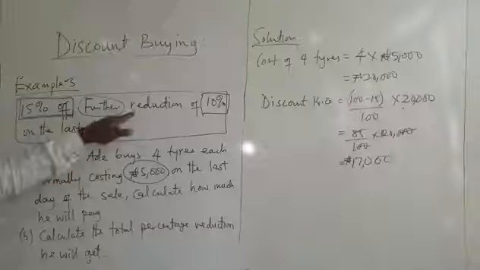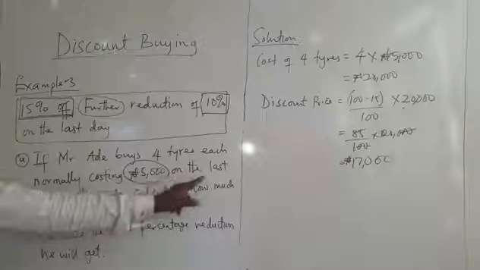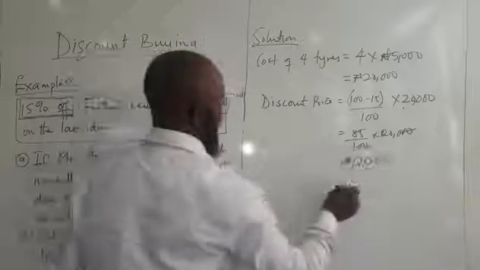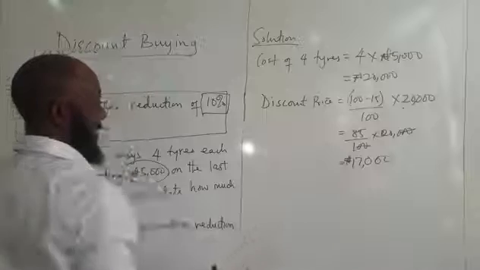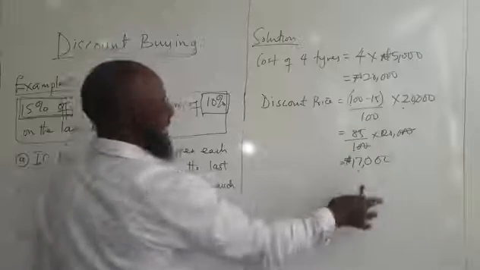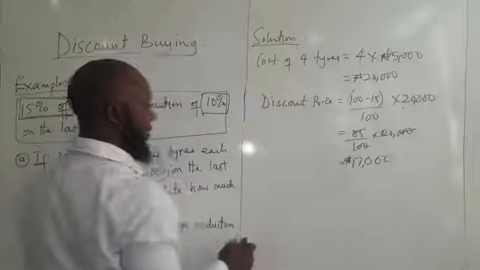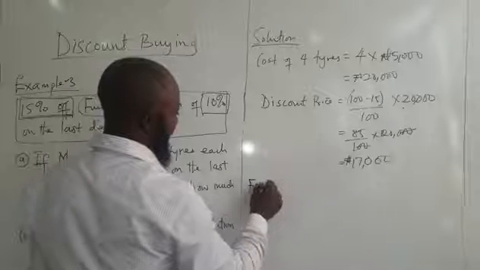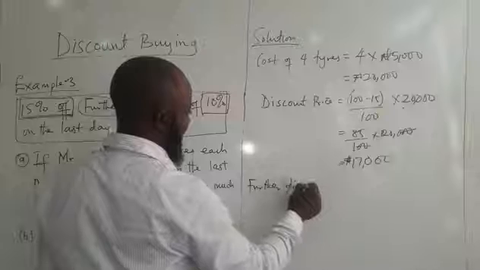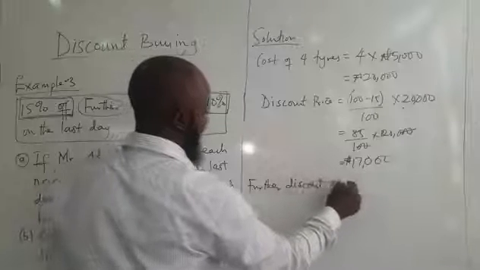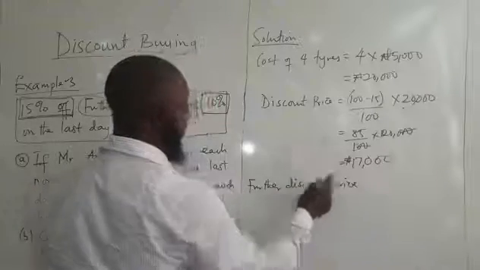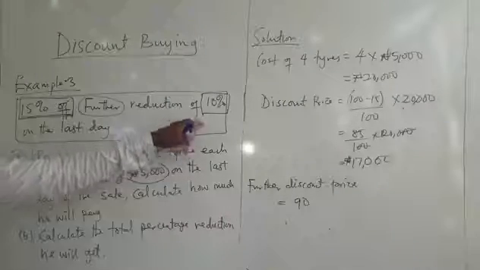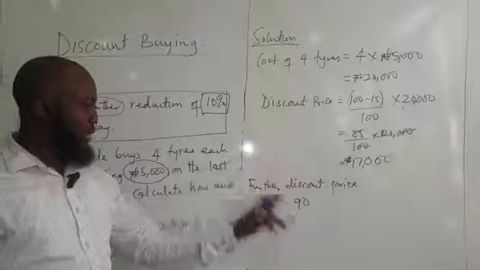Then a further 10% because he's buying the product on the last day. So he's going to get another 10% discount. This means that he's going to pay 90% of 17,000 naira. So the further discount price will be 90%, because it's a 10% discount. So subtract this from 100, you get 90.